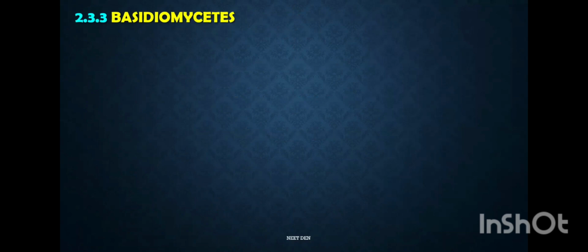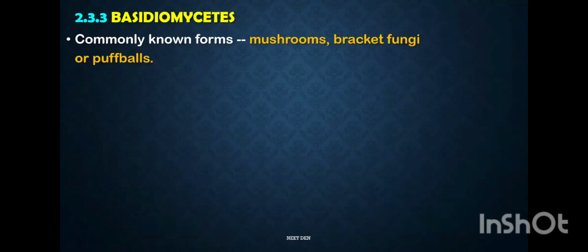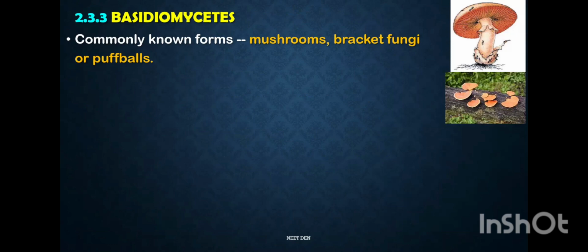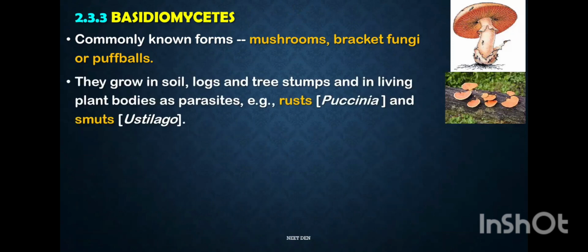Next, coming to Basidiomycetes. This is also commonly known as mushrooms or bracket fungi. So all the mushrooms fall under Basidiomycetes. They grow in soil, on logs, on tree stumps, and they can also live in plant bodies as parasites.